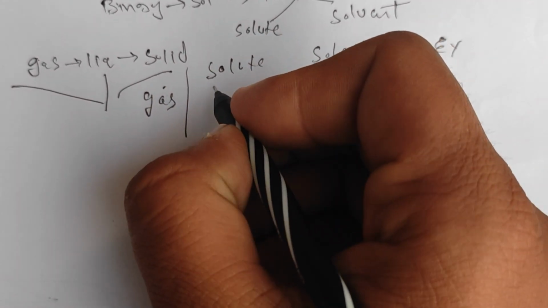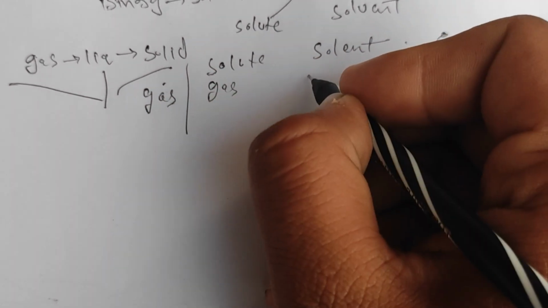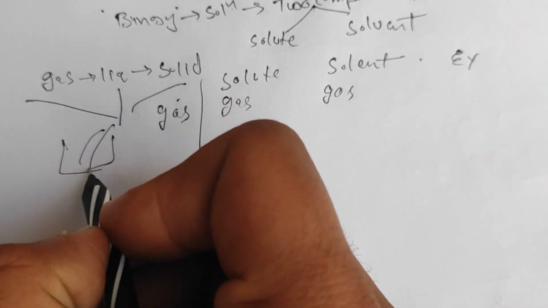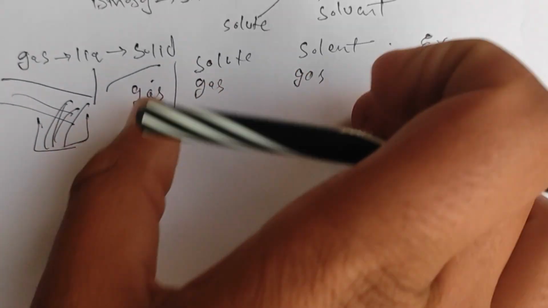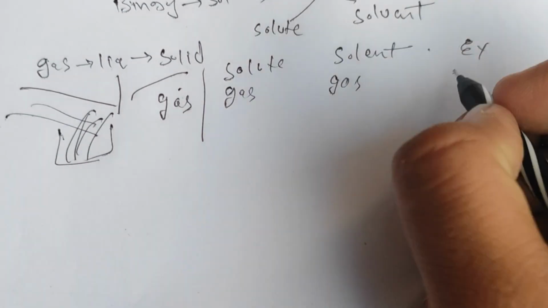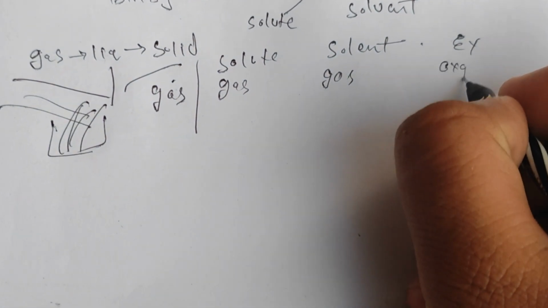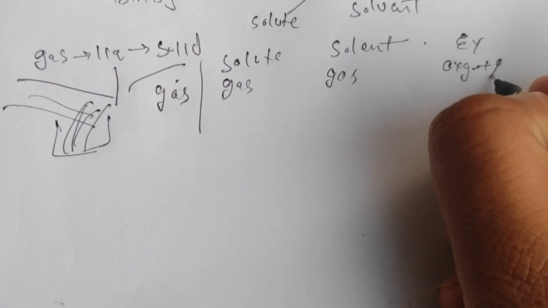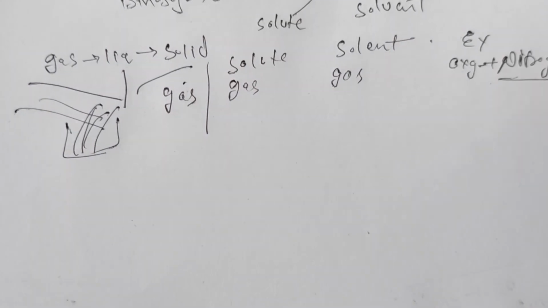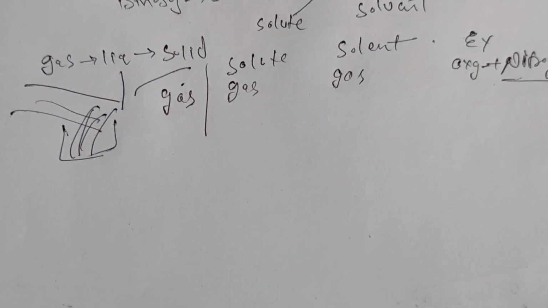First, solute as gas and solvent as gas. For example, in a beaker everything is gas and we add another gas. In this case, for example, oxygen in nitrogen: nitrogen is our solvent and oxygen is our solute.